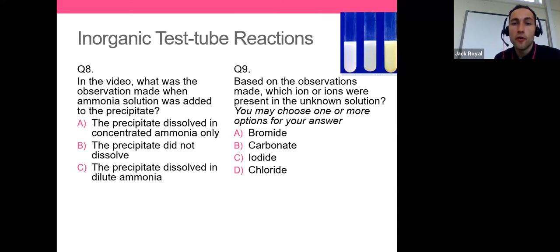And therefore, which ion or ions were present in the unknown solution? Bromide, carbonate, iodide, or chloride? You may choose more than one answer for this one if you wish.